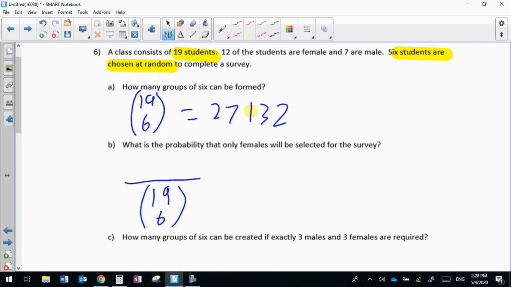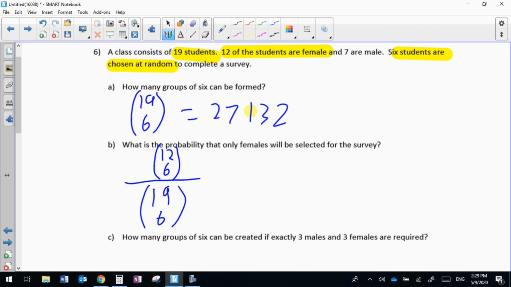And the way we can answer this question using combinations, we can just say, imagine we had written out all of the possible 6 student groups, all 27,000 of them, this huge list. And we want to count how many of those would just have females in them. Well, there are 12 females in the class. So how many ways can you do 12 choose 6? That's the number of ways we can select 6 females from out of 12.